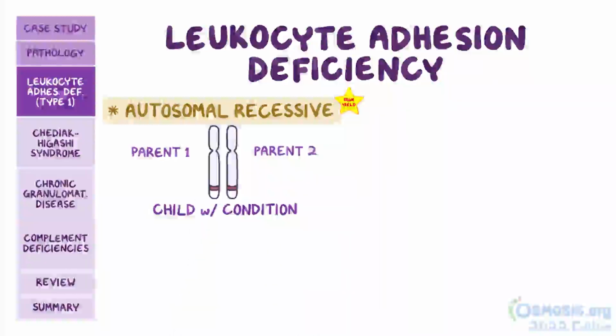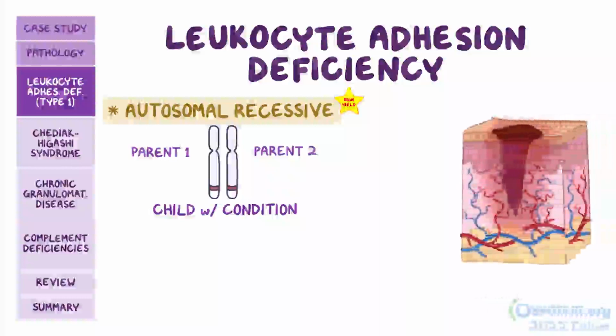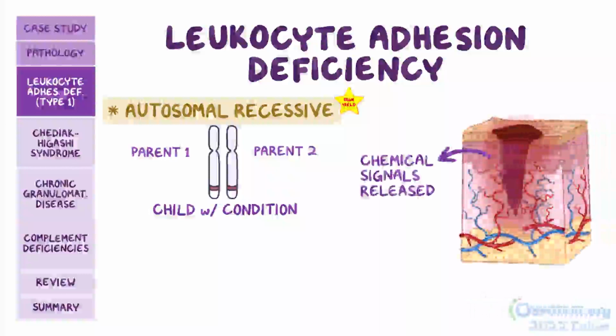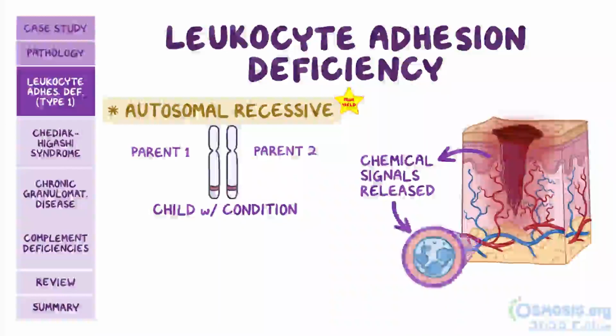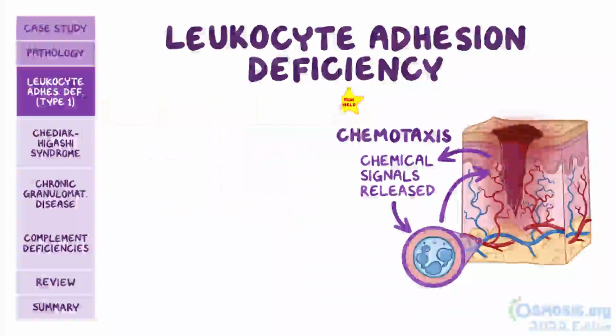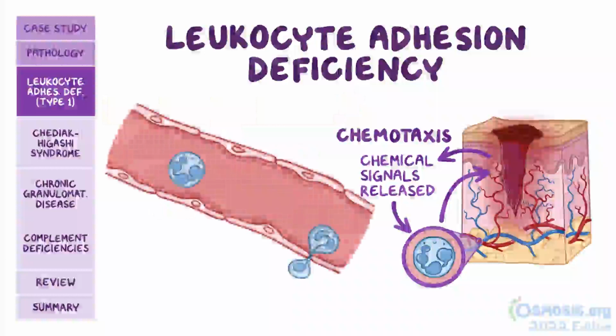Normally, when there's an infection or inflammatory process, as well as for wound healing, chemical signals are released by cells in the affected area to attract leukocytes, such as phagocytes, that are circulating in the blood, and this is called chemotaxis. But to actually get to the affected area, they first have to squeeze and pass through the endothelial cells that line the blood vessel wall.